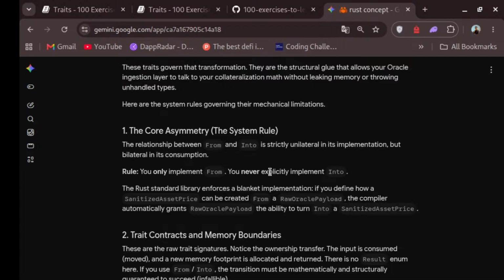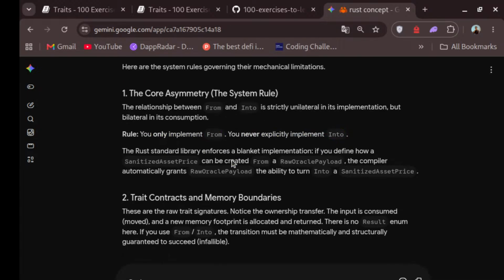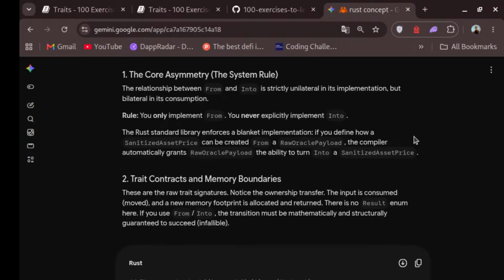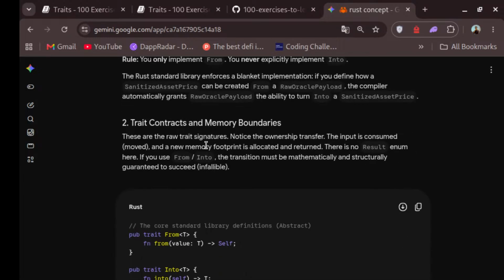You never explicitly implement Into; the Rust standard library enforces a blanket implementation. There is the raw trait signature, notice the ownership transfer: Into consumes self, moved, and a new memory footprint.